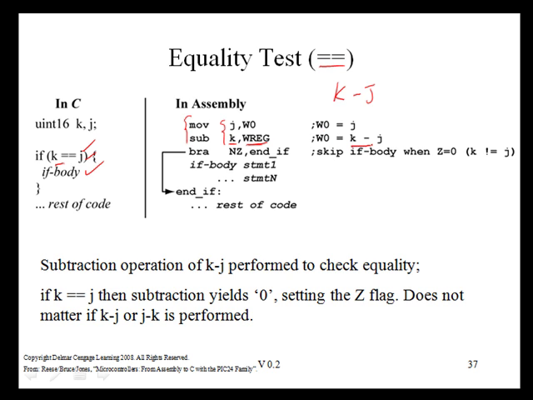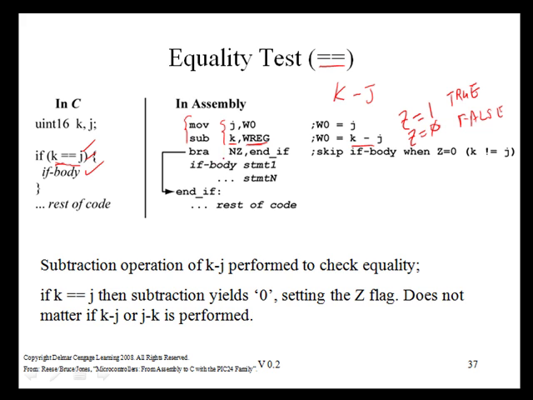Well, what flags are we interested in? We're interested in the Z flag. If these 2 values are equal, if the condition test is true, then the Z flag will be a 1. That's the true condition. Well, what's the false condition? The false condition is going to be when Z is equal to a 0. That means that K is not equal to J. That's the false condition.